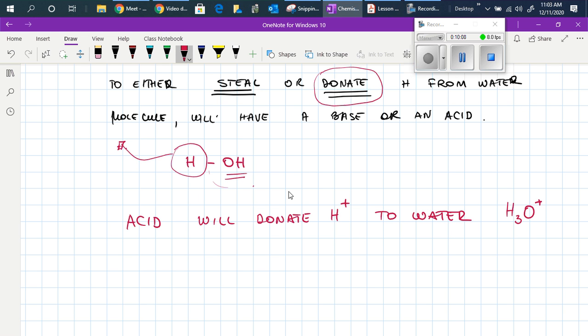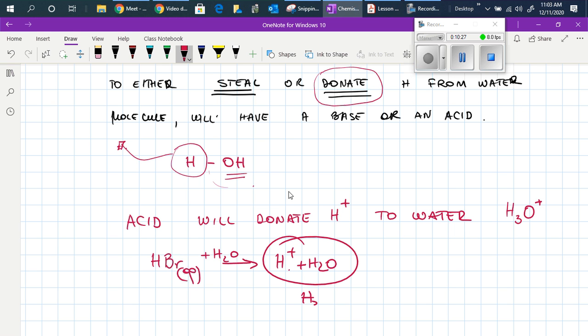Okay, so let's suppose that we have HBr in aqueous solution. What is happening? We'll have a hydrogen and water, and they will form what is known as the hydronium, plus Br minus in aqueous solution.